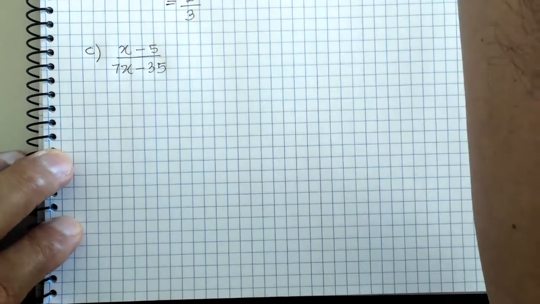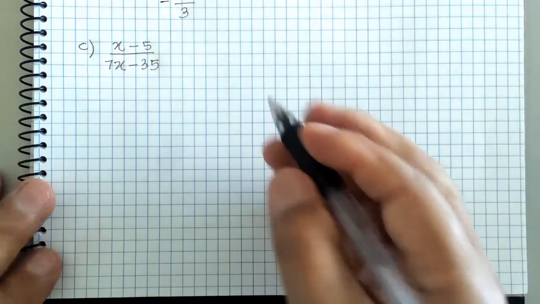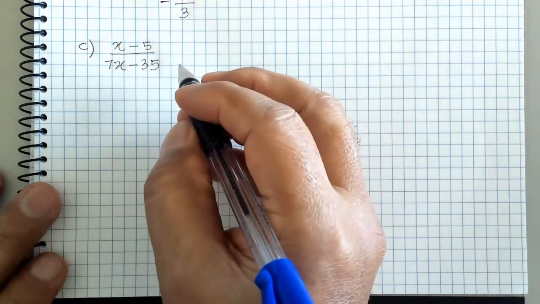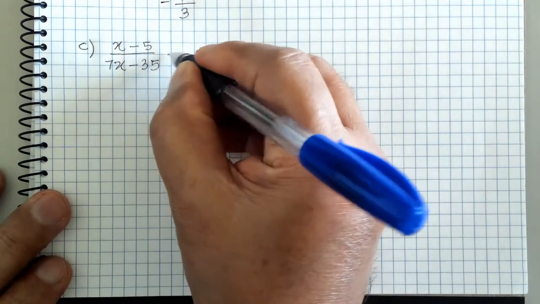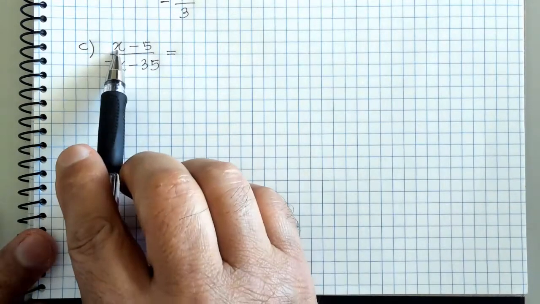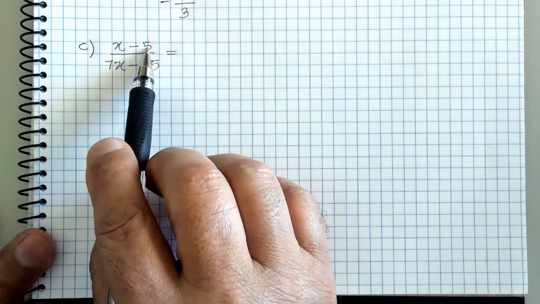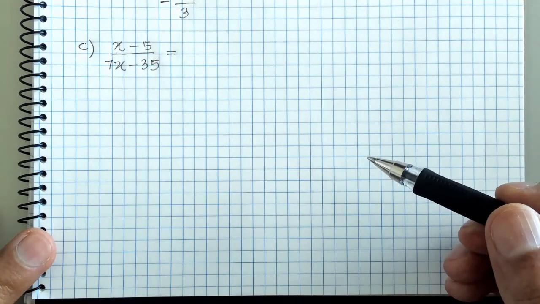So if you have something like that, then we're gonna have to do it exactly the same as we did with question B. However, in this case, can you see that in here we got x minus 5, so we don't need to simplify anything from the top.